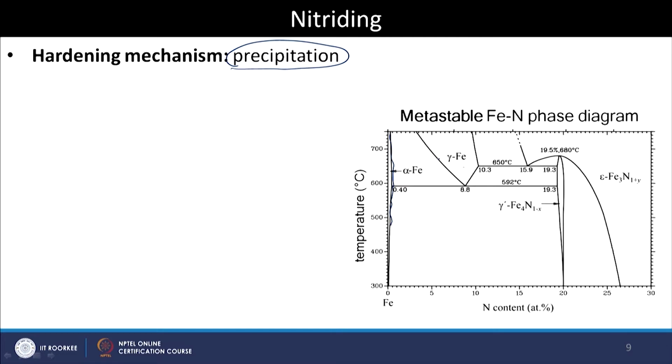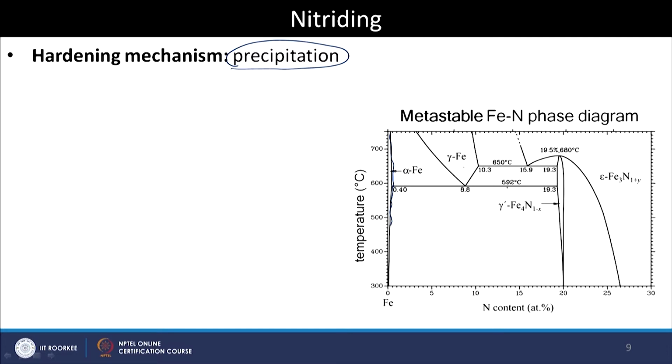So, how does this nitriding work? We do not want to have any phase transformation of the bulk of the material. That means, if I do the treatment below this temperature of 592 degrees Celsius, the phase of the matrix will simply be whatever was fixed before, because there will be no transformations.